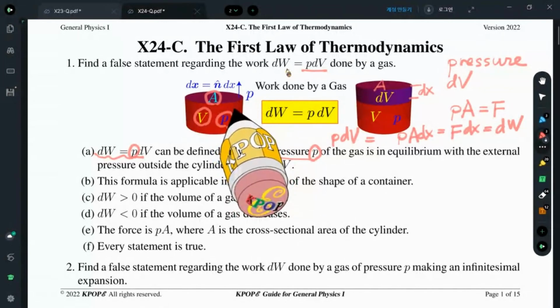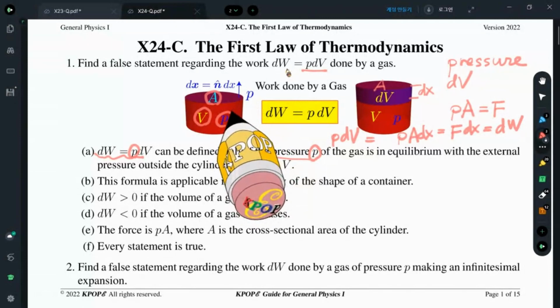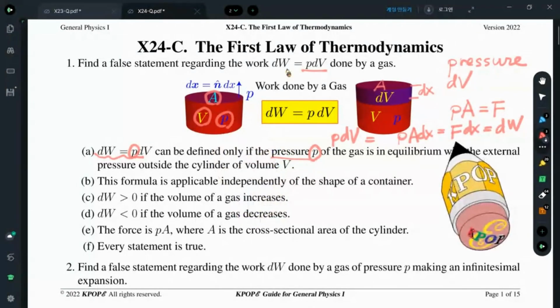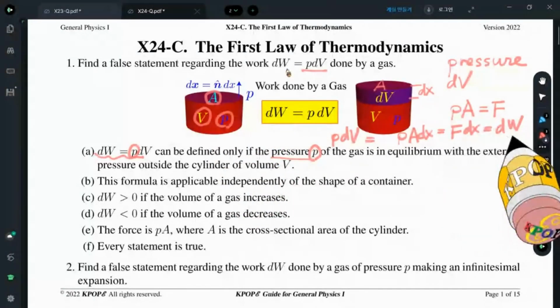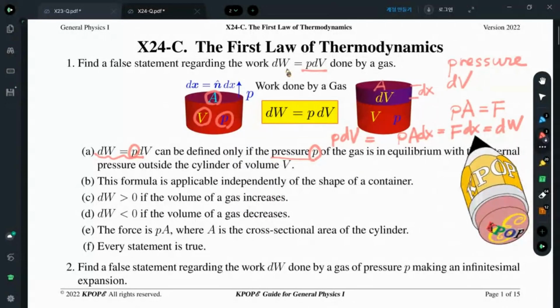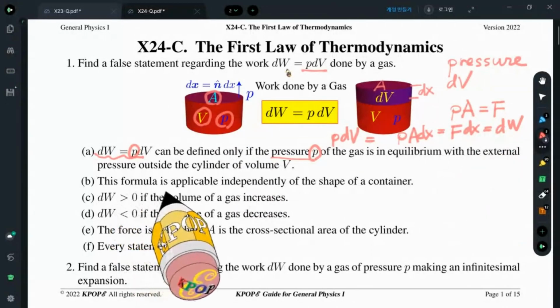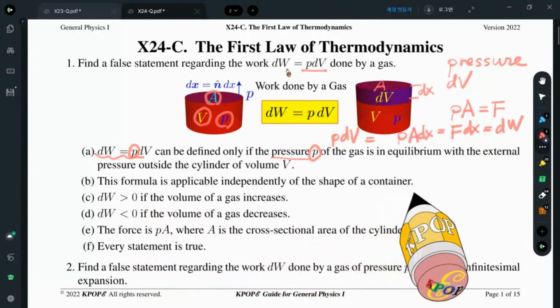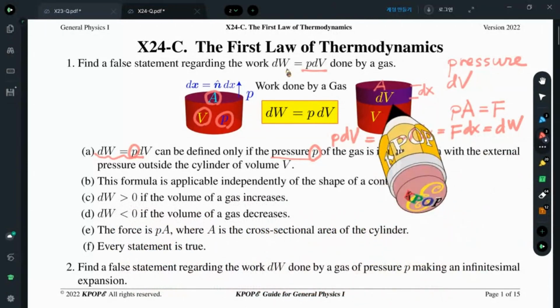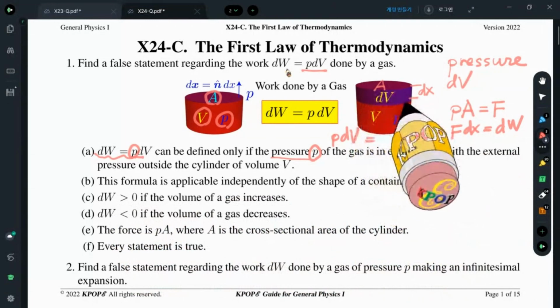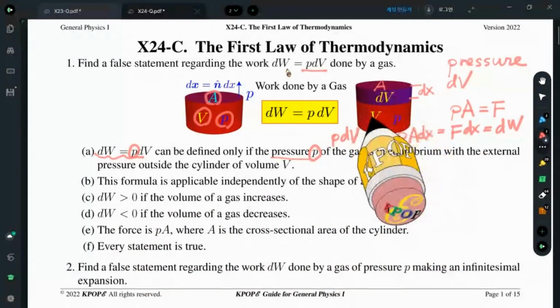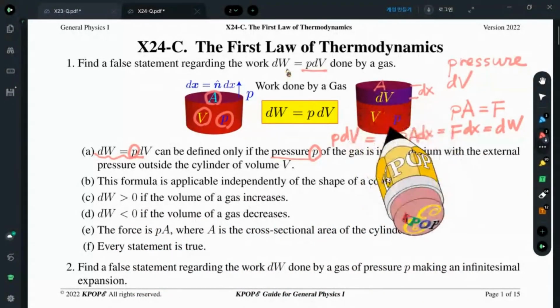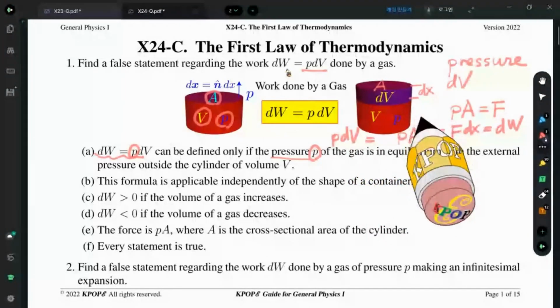Hence, the pressure inside the volume is well defined, and force is well defined, and the work is well defined. The formula is applicable independently of the shape of a container. It doesn't matter whether it is a cylindrical container or a sphere, anything else, that's fine.